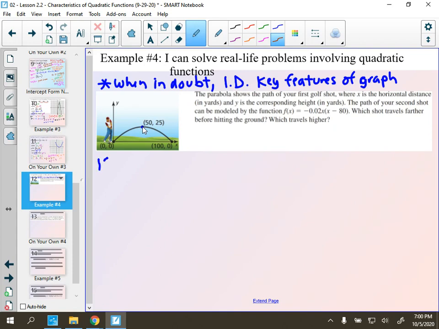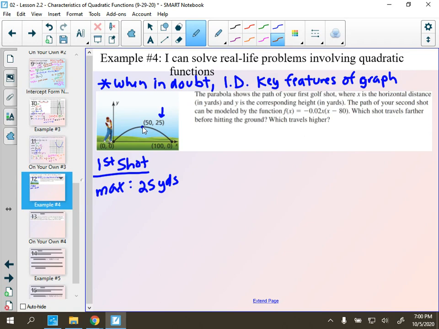So for my first shot, what is the y-coordinate of our vertex? It's always the maximum or minimum value. So the maximum height of our golf ball was 25 yards. That's where we start to interpret.